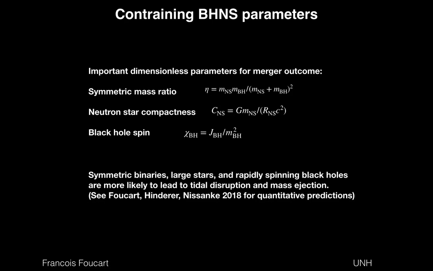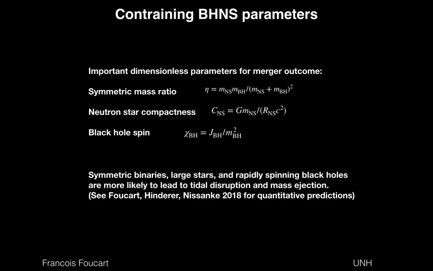The same is true for neutron stars, but with much less massive black holes. If you have a neutron star around a 3 to 5 solar mass non-spinning black hole, you can disrupt the neutron star. But if you get to higher mass black holes, it's going to be very hard to disrupt it.